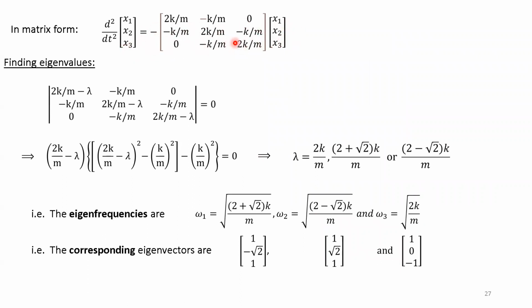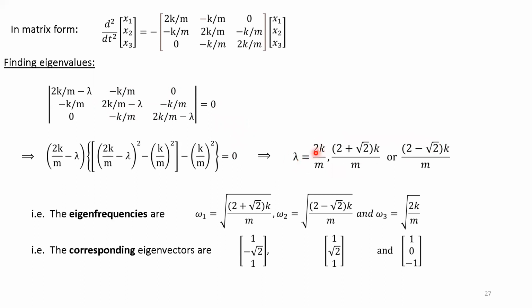The steps will be the same: you find the eigenvalues for this matrix. You will have to deal with a 3x3 determinant, so it's a bit more complicated, but here is what you get.